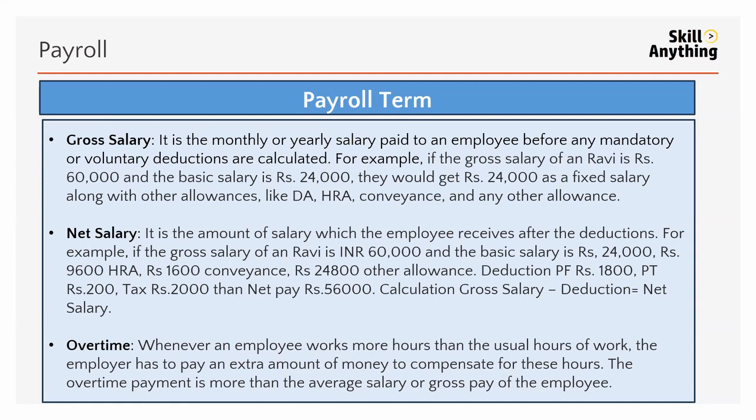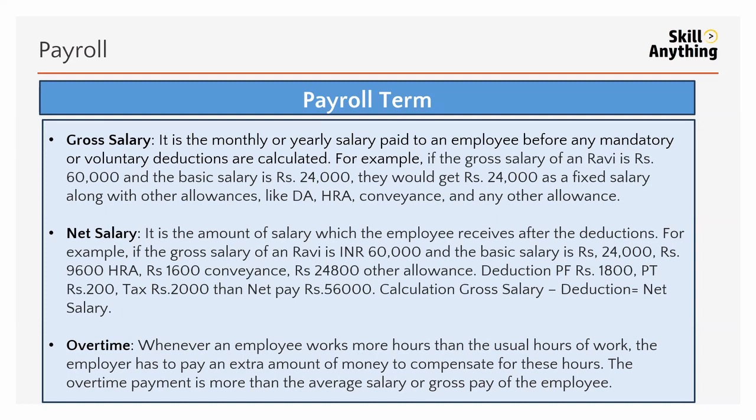The next payroll term is net salary. So what is net salary? The salary the employee receives after the deduction is called net salary, or in-hand salary. For example, Ravi's basic salary is 24,000, HRA is 9,600, conveyance is 1,600, and other allowance 24,800.